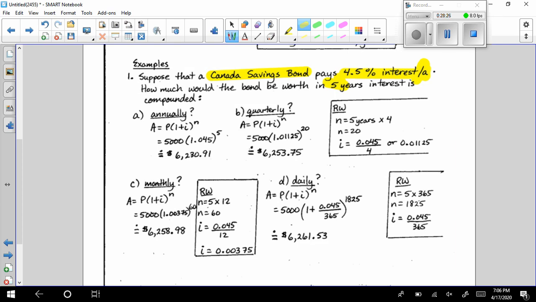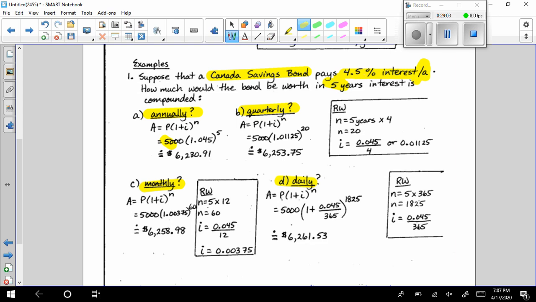If the interest is compounded, there are 4 possibilities. If the interest is compounded annually, then this is the simplest scenario of all. Remember, P is the principal, the amount invested. I didn't specify that there, but I intended to. So we're investing $5,000 in every case. So P is 5,000.